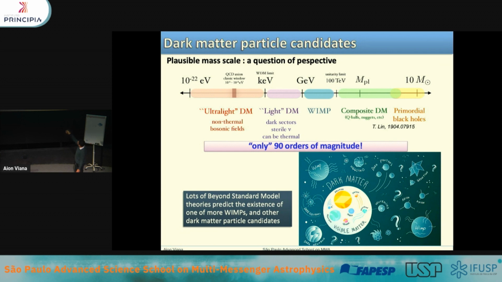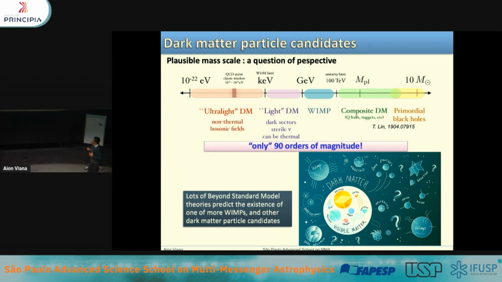Even new particles in the low mass regime, or high mass particles, or even primordial black holes. If you put it in electron volts, you get something like 10 to the 66. So you have about 90 orders of magnitude of masses of particles that can explain dark matter. And there are lots of beyond standard model theories that predict the existence of either WIMPs or new particles that can explain it.